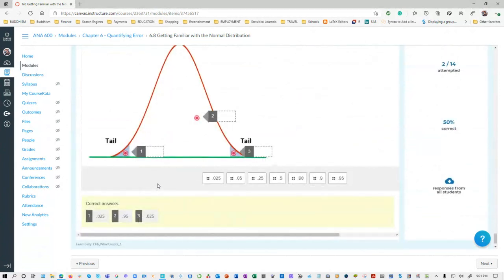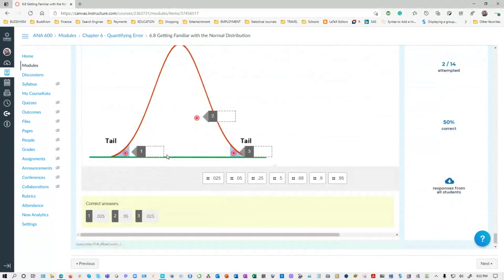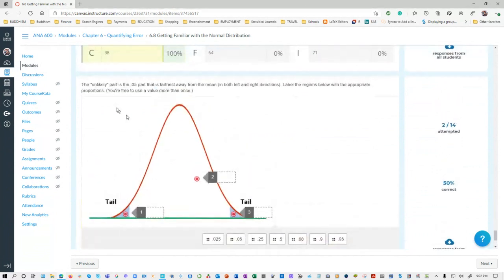So the unlikely part is the 0.05 part. If they are talking about this line, the unlikely part is the 0.05 part that is farthest away from the mean in both left and right directions.